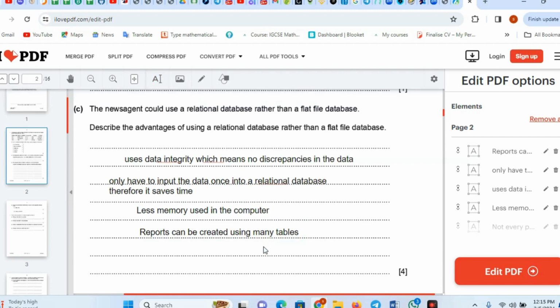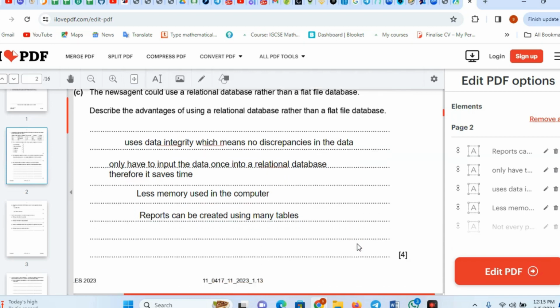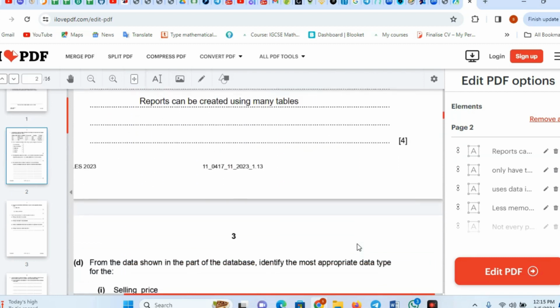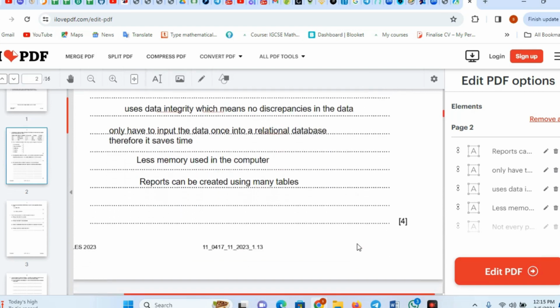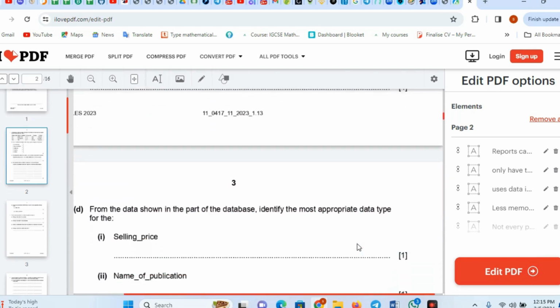It is one of the advantages of using a relational database also. Another one is queries can be created using many tables, or you say complex queries can be created. All those are also other advantages of using a relational database over a flat file database.